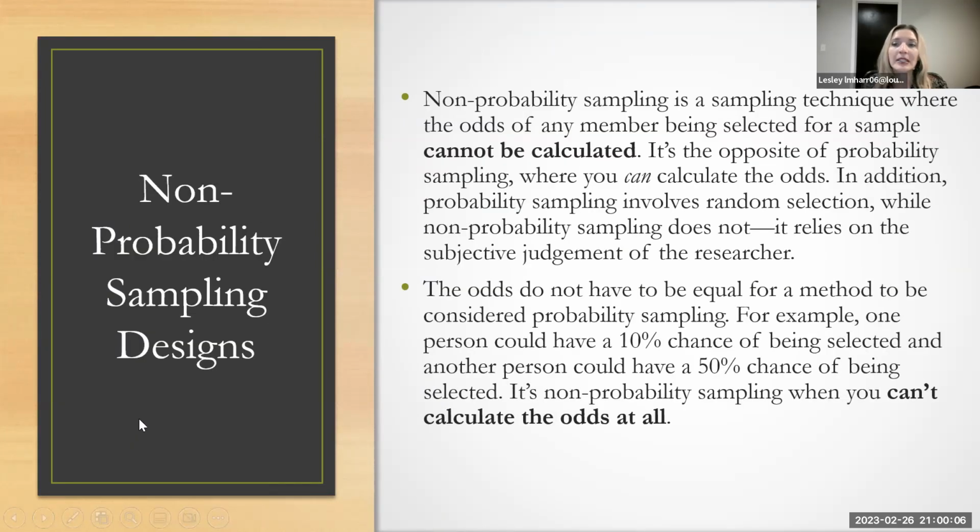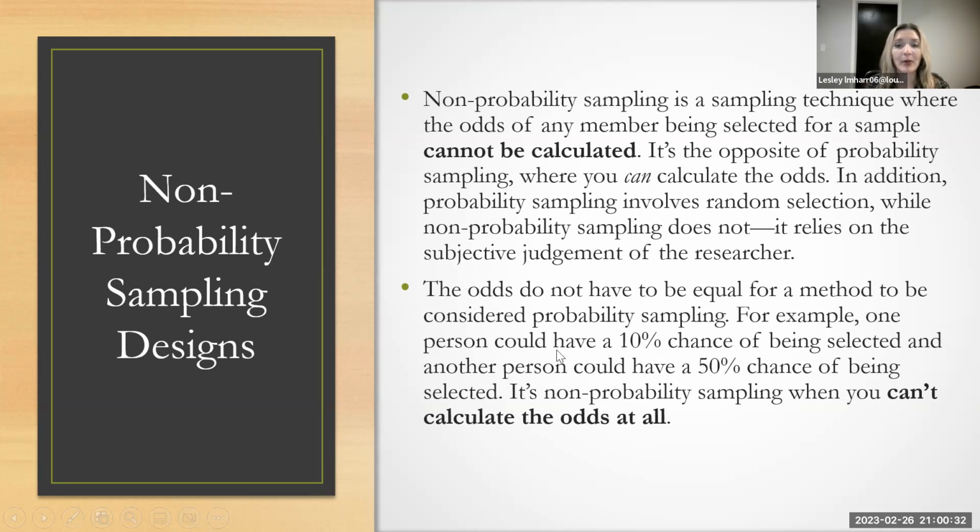For non-probability sampling, it's a sampling technique where the odds of any member being selected for that sample really can't be calculated. So we don't really talk about it in terms of chance or odds of being selected. It's really the opposite of probability sampling. The odds do not have to be equal for a method to be considered a probability sample.